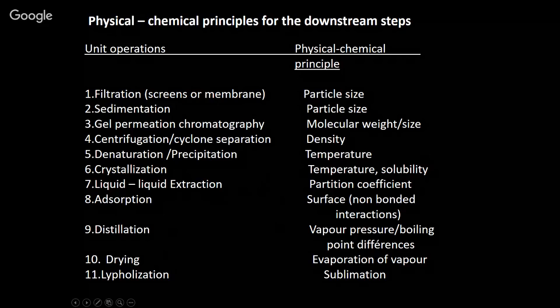It's cheap, it's well understood, it's been there for hundreds of years. There are distillation columns which can separate out mixtures of liquids. But distillation is not used too much in biological situations because biomolecules cannot withstand such high temperature.